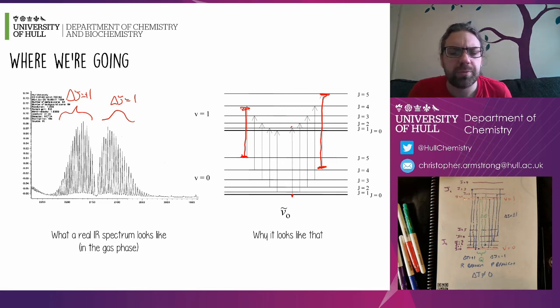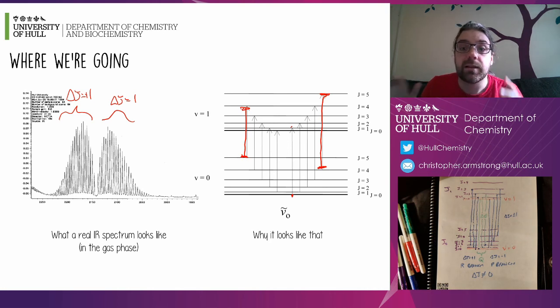So whether a Q branch appears or not, it's a complicated set of quantum mechanical selection rules about symmetry that we don't really need to care about right now. It appears or it doesn't appear. As far as you're concerned, we'll tell you whether it appears or not, or you'll have a look at the spectrum and it appears or not. It is a very complicated, weird overlap integral, so I would not worry about it at this stage, why the Q branch appears or not.